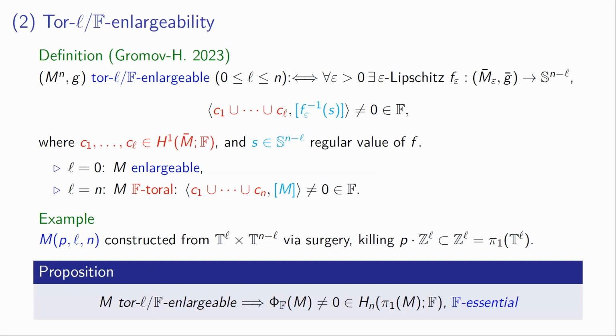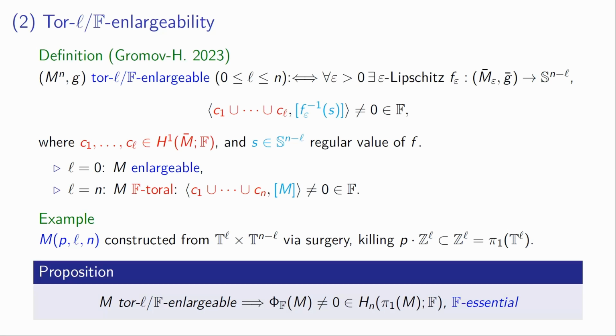If you have a manifold, then you can ask, are there one-dimensional homology classes such that the cup product of these classes detects the fundamental class of the manifold? And you can ask this question, of course, also for finite field coefficients. It doesn't make any difference if F is Q or maybe a finite field with 3 or 5 elements. So that's the first thing. That's this F-torality, which I wrote down in the second remark.